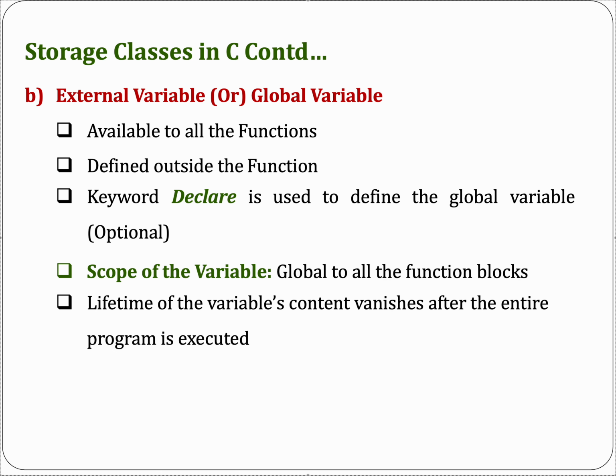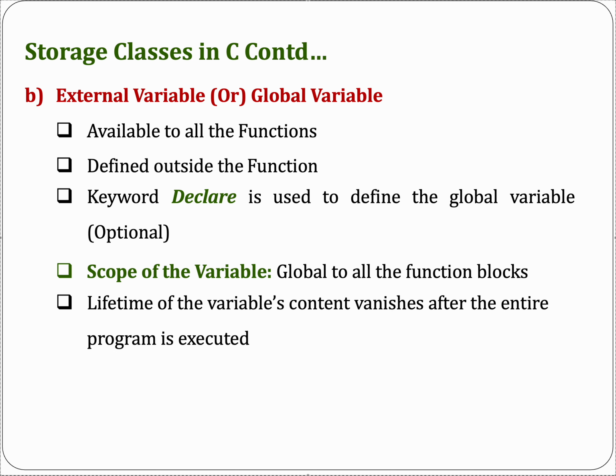What is the meaning of defined? We declare and assign the value to the variable, that is called defining the variable. The variable is defined outside the function. Normally how do you declare a variable? Data type followed by variable name, and we can give a value to the variable.